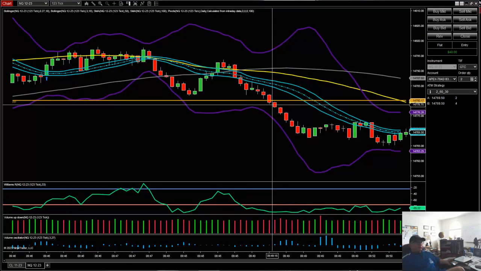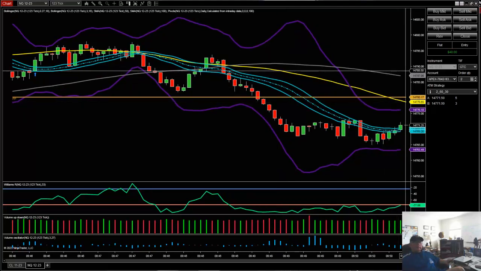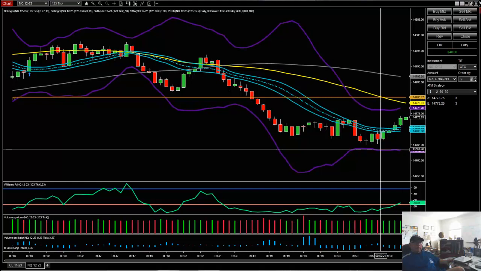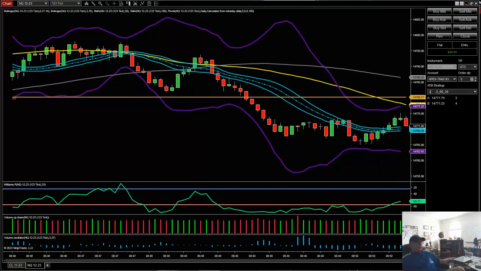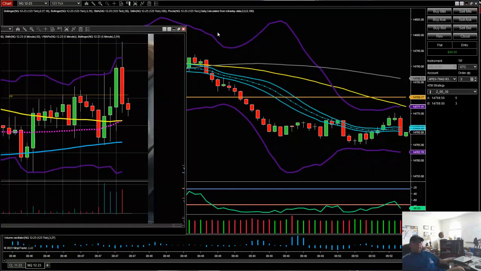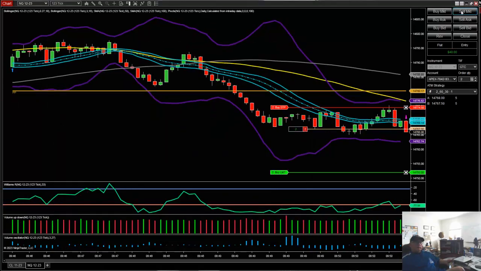Nice downward move here before the 10 o'clock area. Kind of been waiting for this all morning. What did I miss? 5-minute chart. Order filled.